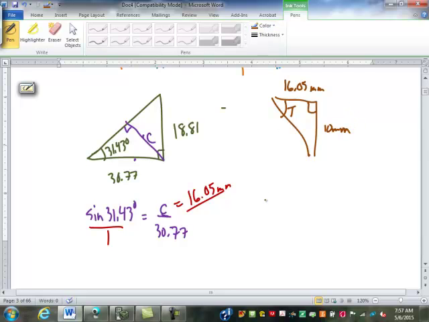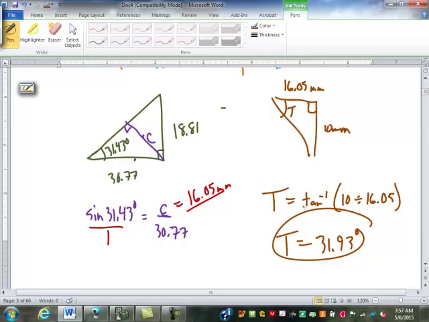So T is found by inverse tangent of, okay, which gives us 31.93. 31.93 degrees. How you doing?